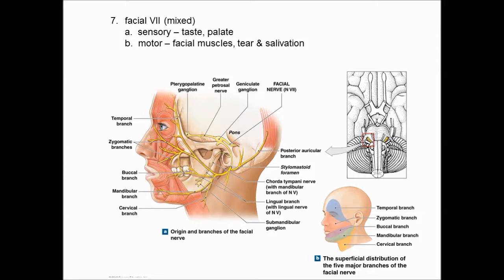It also is responsible for saliva formation and crying and taste. Some taste comes through this facial nerve, although there's another nerve that also innervates the tongue and carries taste information. So that's cranial nerve number 7.